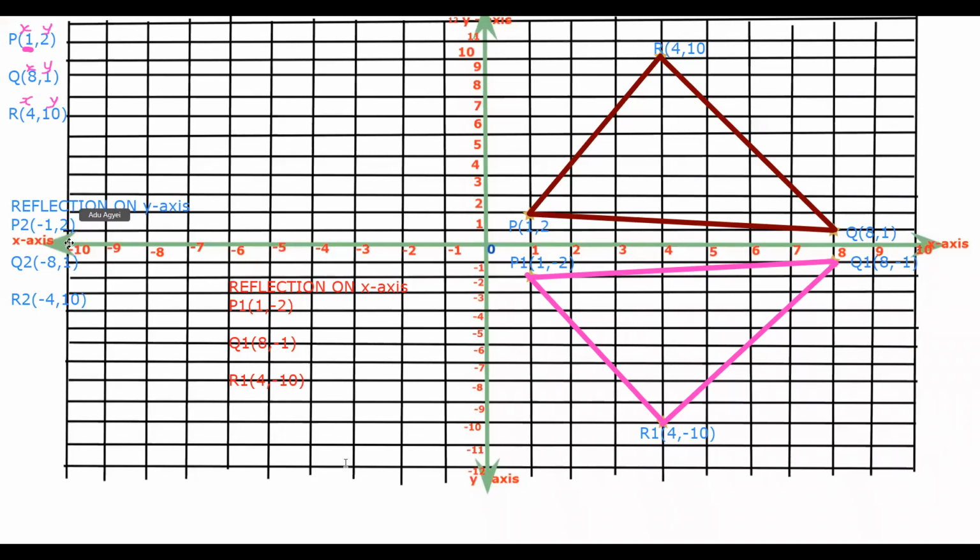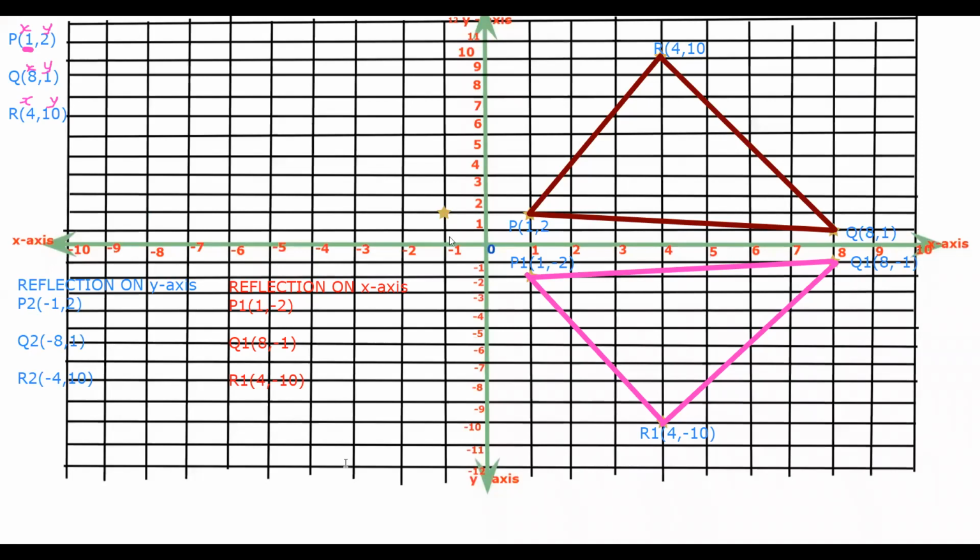Now, once you have done, we have our calculations here. Once you have done, then you can also put this one here. So now you are going to plot this one, the reflection on y-axis. It means the point P2 will be -1 and +2. Now looking at this one here, we have -1 and +2 here.